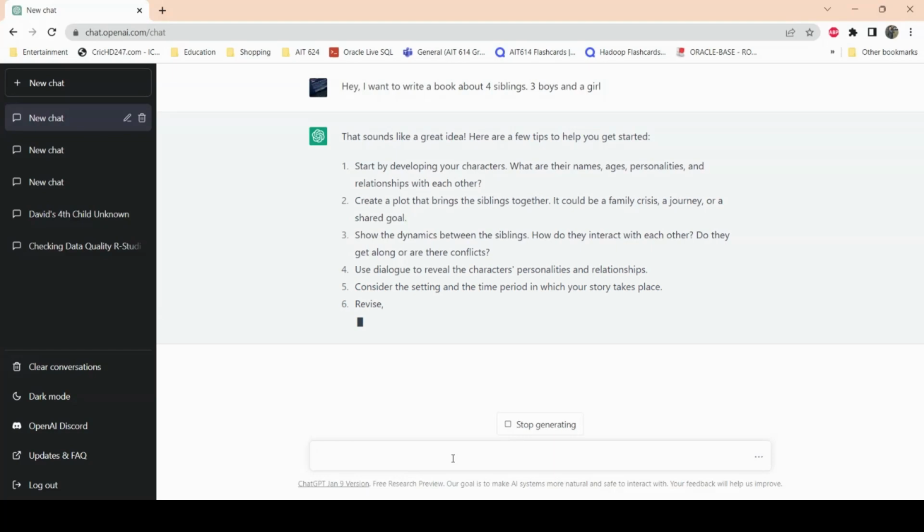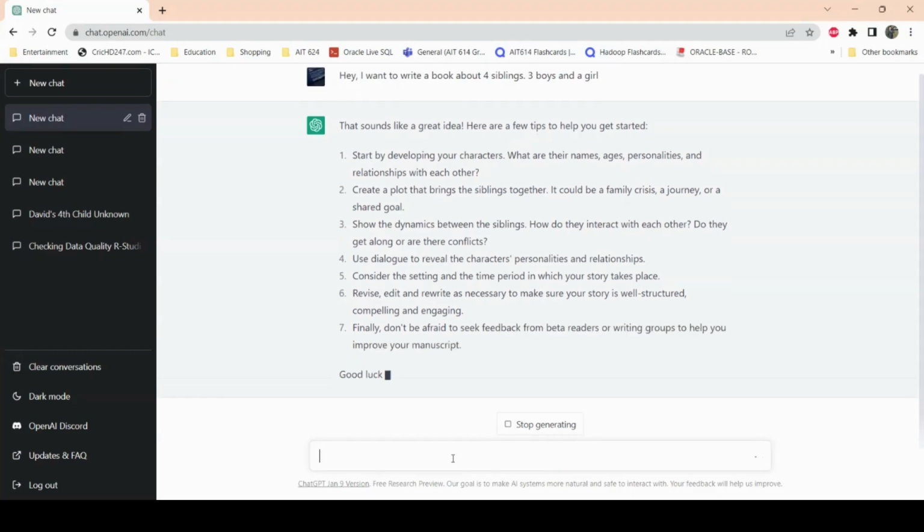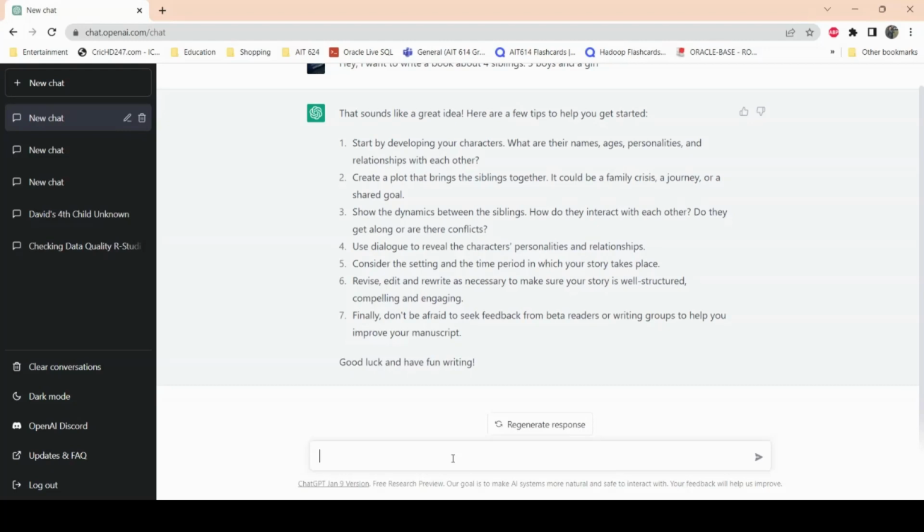It says that start by developing your character. What are their names, ages, personalities, and relationship with each other? Create a plot that brings siblings together. It could be a family crisis, a journey, or a shared goal. Share the dynamics between the siblings. How do they interact with each other? Do they get along, or are there conflicts?